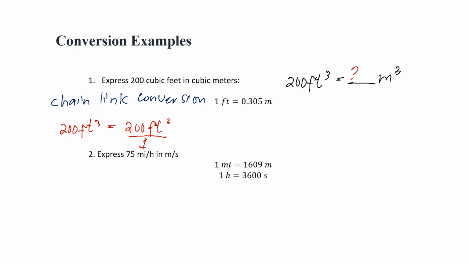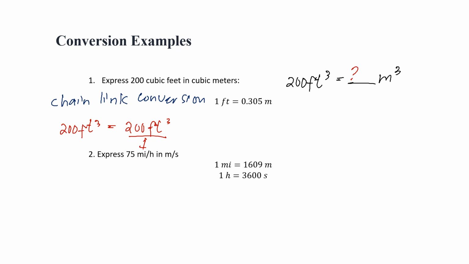So we are given already your conversion of 1 foot is equal to 0.305 meters. So we're going to multiply your 200 cubic feet by this conversion here, by writing this one also as a fraction in such a way that we can cancel out your cubic feet here so that we will only be left with your meters unit.